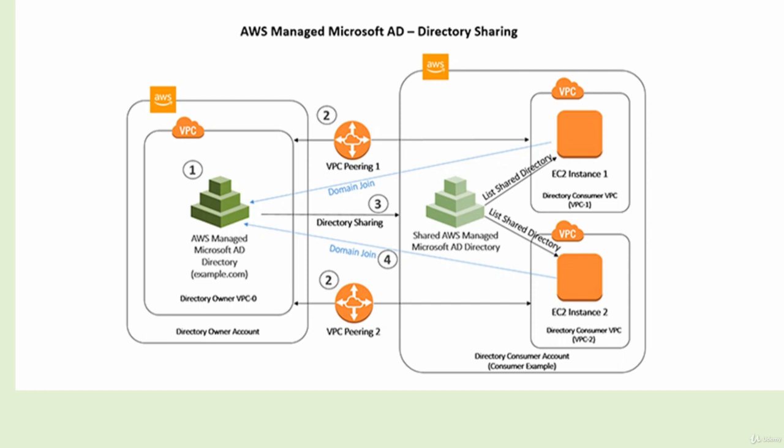Both have AWS managed Active Directory. The owner has the managed account and the consumer has the shared AWS managed account. So you can share your domain, files, and utilities with different instances on the cloud.